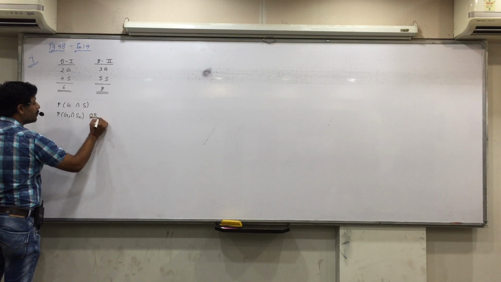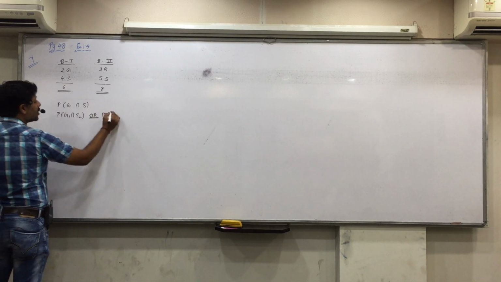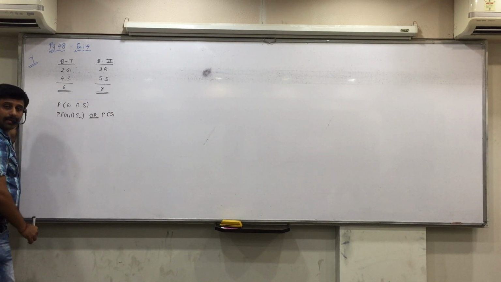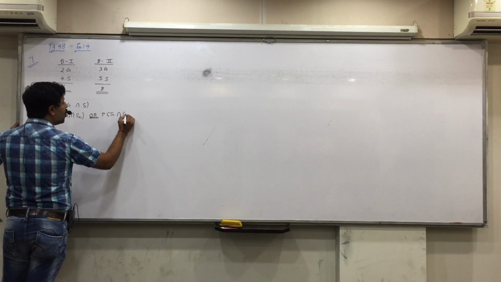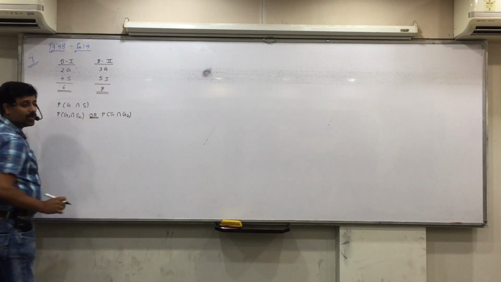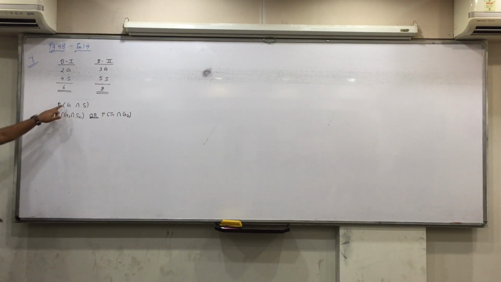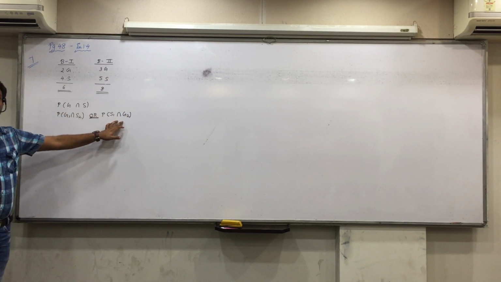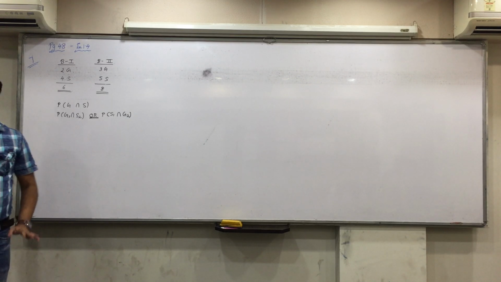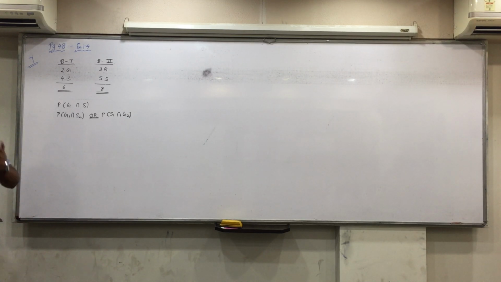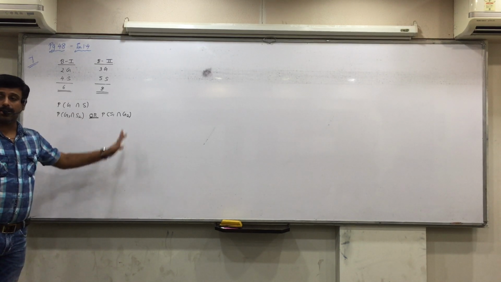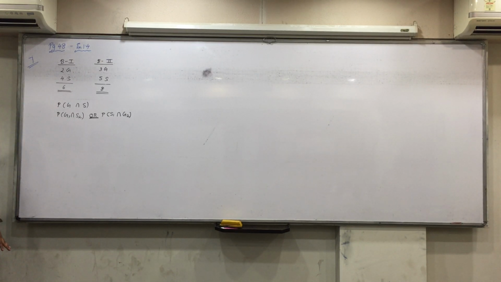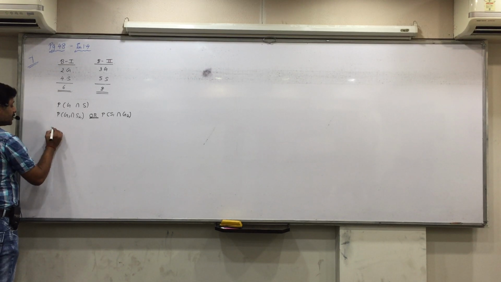Or you get silver coin from box 1 and, intersection, gold coin from box 2. Still, is the condition fulfilled or not? Yes. All are clear with this? So 4 events we will have to define: G1, S2, S1 and G2. Understood this everyone? Now how will we find this?